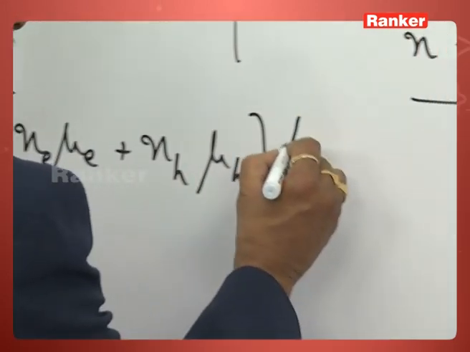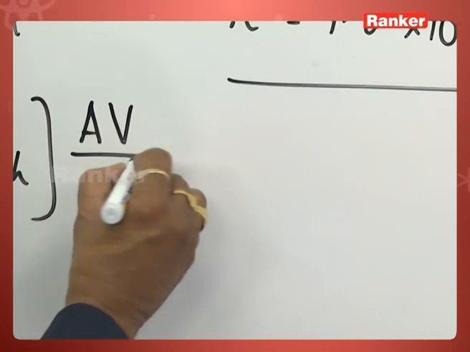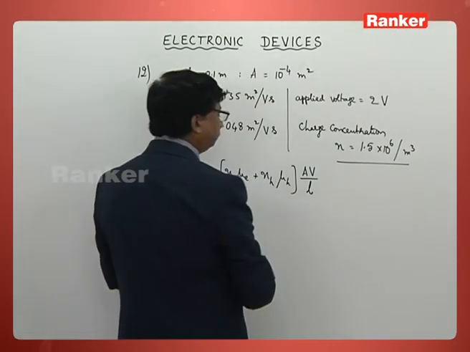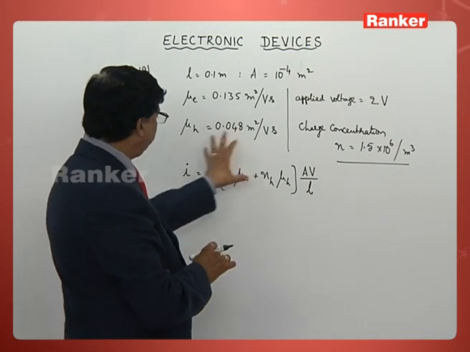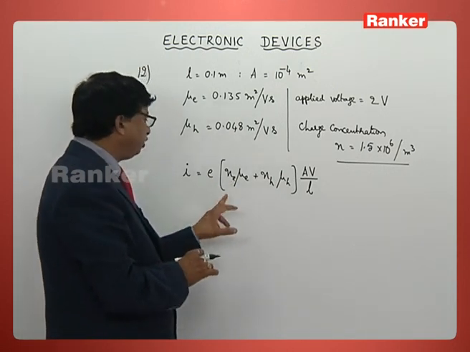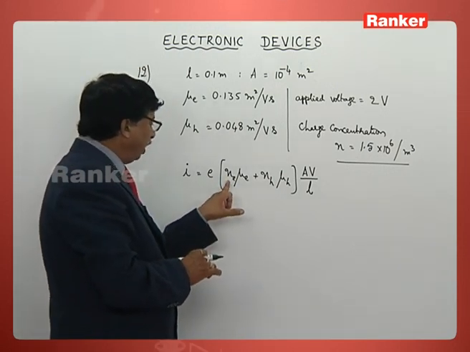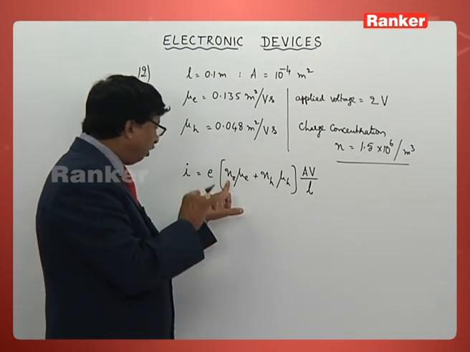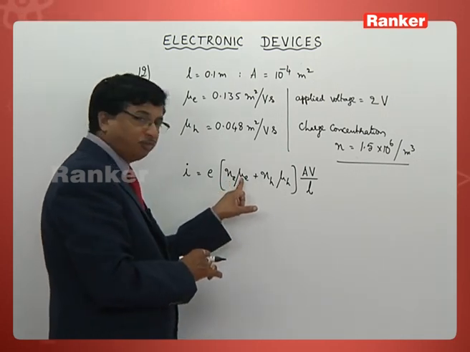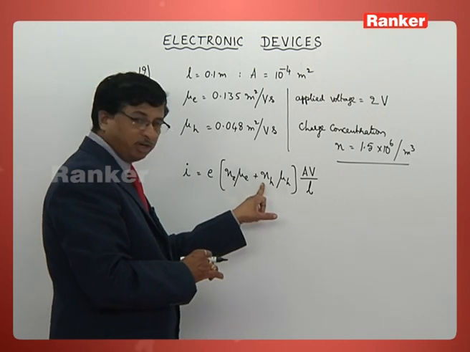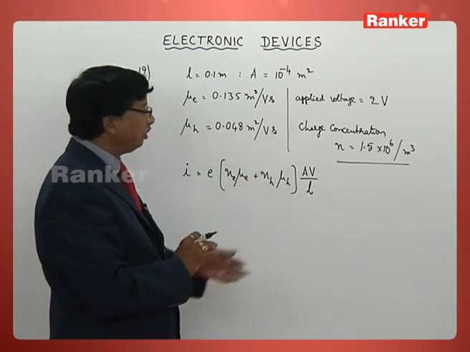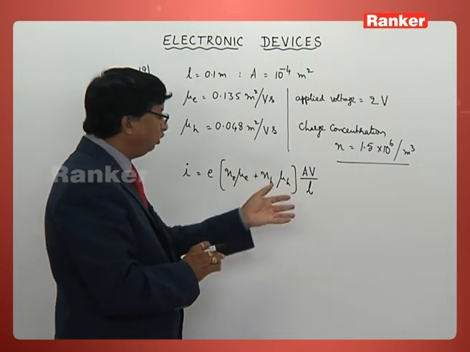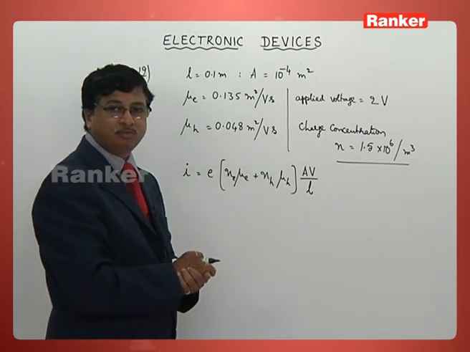That area into voltage by length. Just observe this equation carefully. Charge into electron charge concentration into its mobility, hole concentration into its mobility, into area of cross section into voltage by length. That is actually the formula.